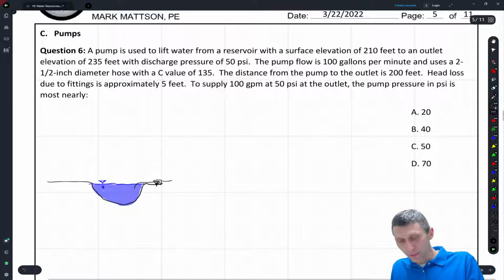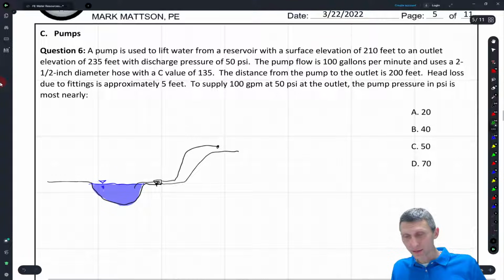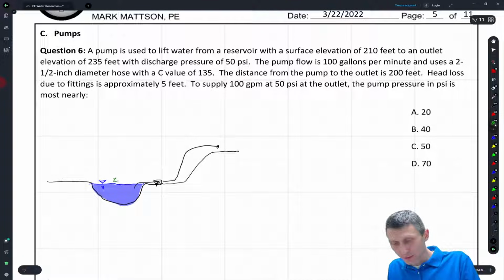Then we're going to come up to a discharge point somewhere up at this point. What elevations do we have? Well, we start with a reservoir surface elevation of 210 feet, and we have a discharge at 235 feet.